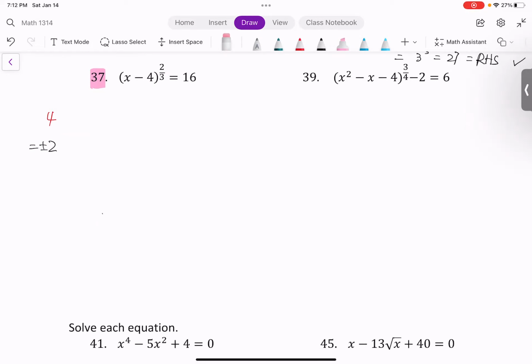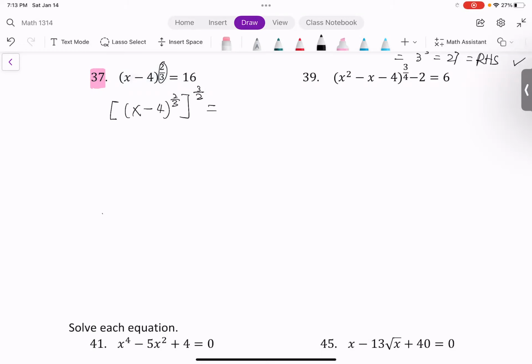Let's see this example. So get rid of the power 2/3. We must raise the power to the reciprocal of 2/3, or 3/2. X minus 4 to the 2/3, and raise it to the 3/2. Then the multiplication of these two is 1.